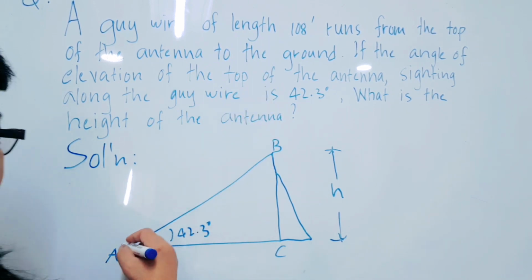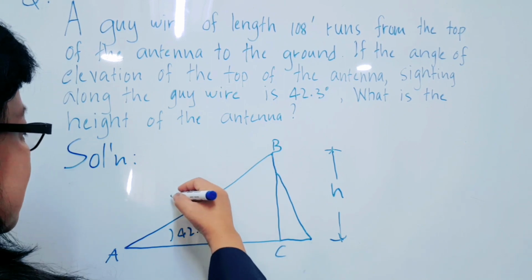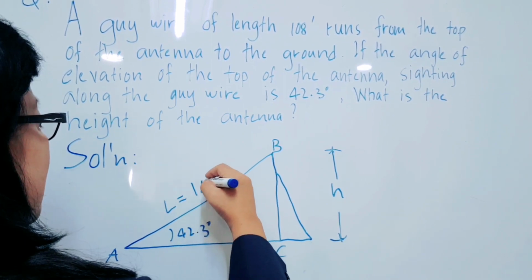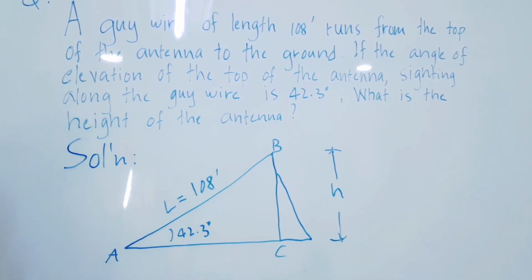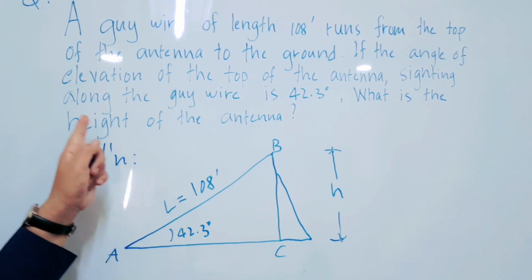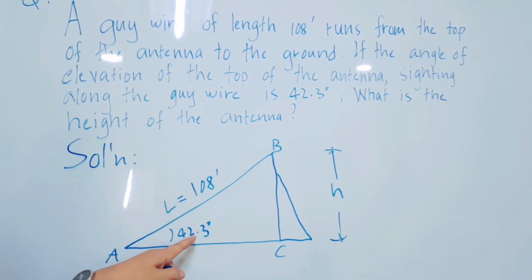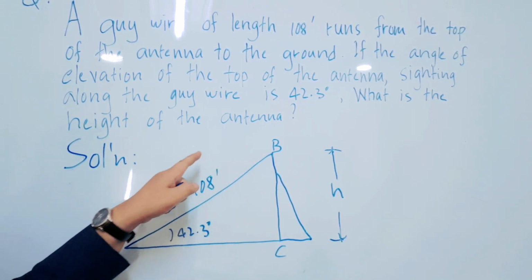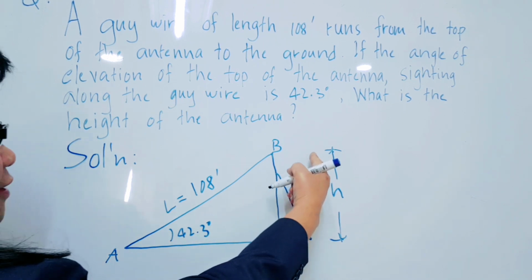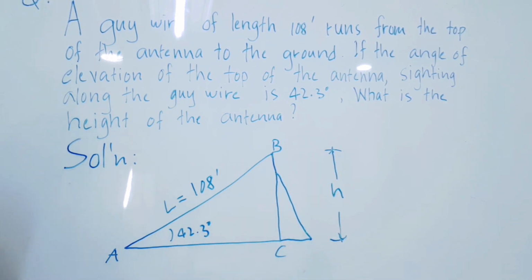So this is the length from here to here, which is 108 feet. It runs from the top of the antenna to the ground. Now, if the angle of elevation is 42.3 degrees from the top, what is the height of the antenna? This is the one from here to here.